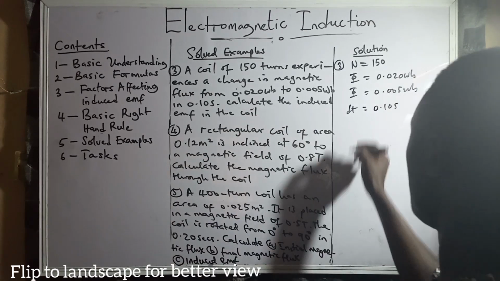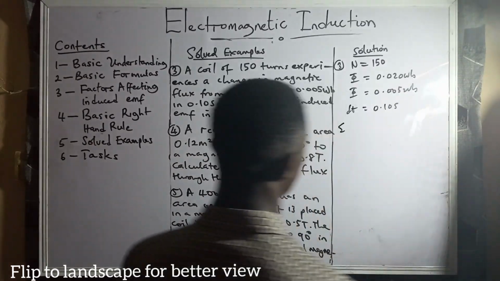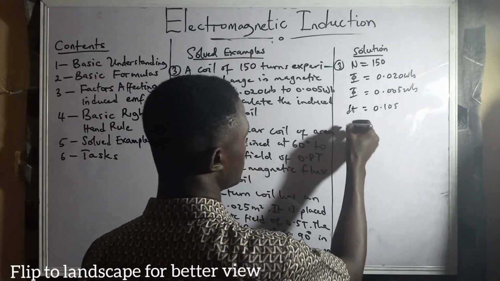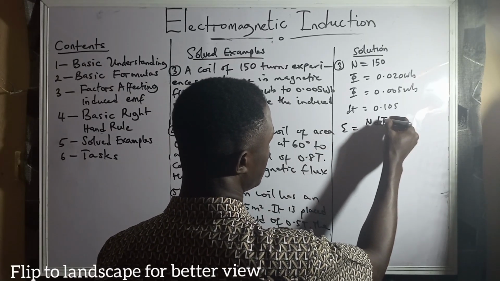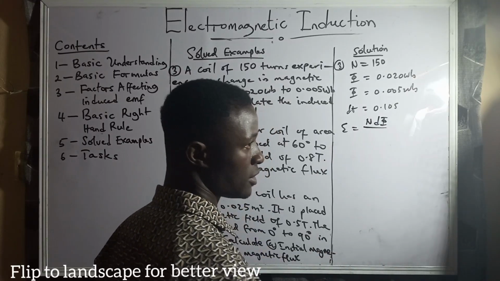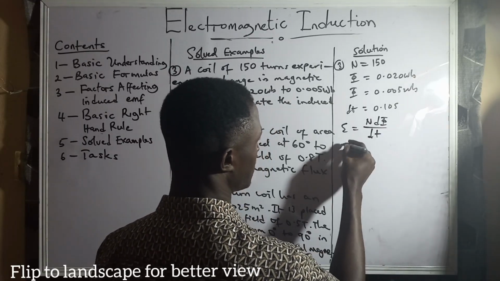Calculate the induced EMF. Remember, the formula for our induced EMF is E is equal to N times the change in magnetic flux over change in time.